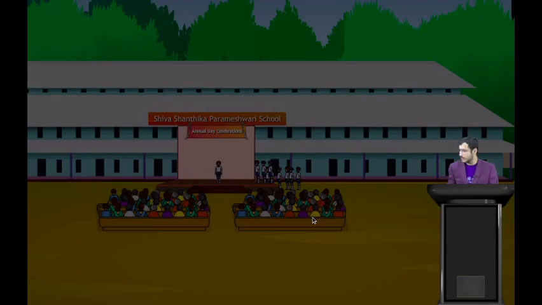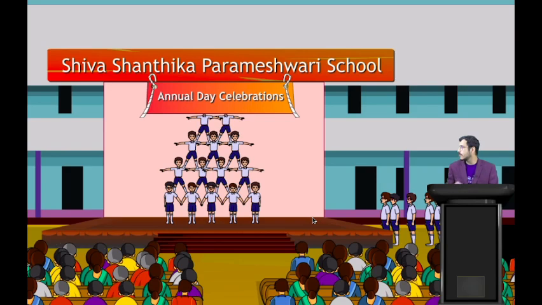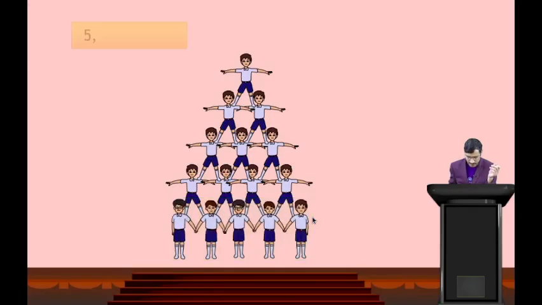Now here, annual day celebration. Students are making a pyramid here. You can see 5, then 4, then 3, then 2, then 1. So this is the pattern here.